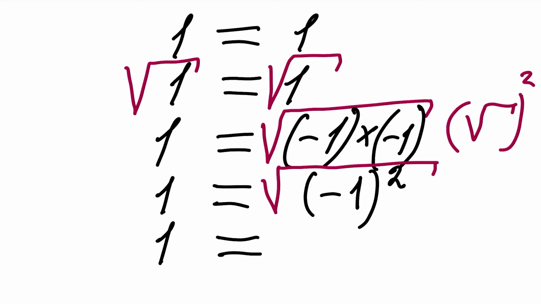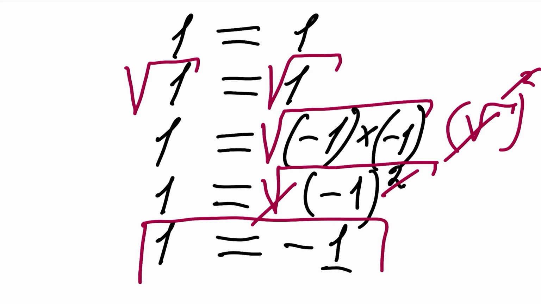In other words, they undo each other. So basically we could simply remove this square root symbol and this square. So we're going to be left with whatever we have inside of the root symbol. And we can conclude that 1 equals -1.